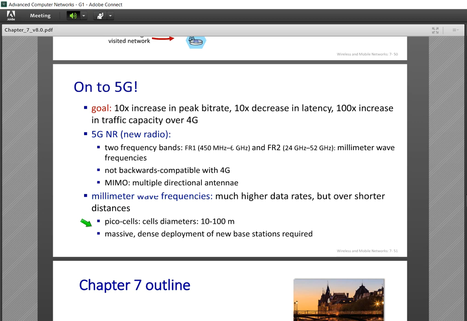At the same time, we still have some concerns. We're worried about the harms of 5G technology because 5G uses microwave frequencies with very high signals, very high frequencies.